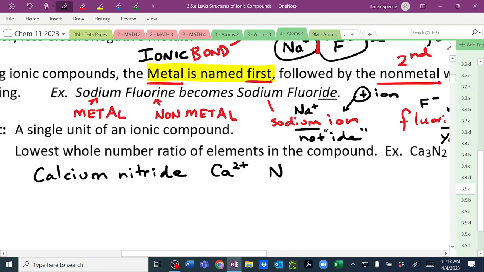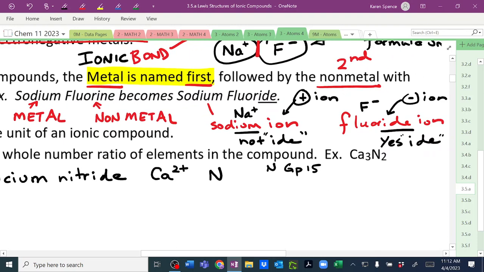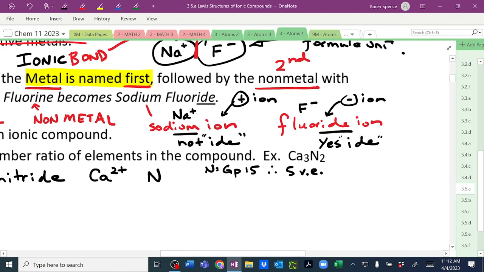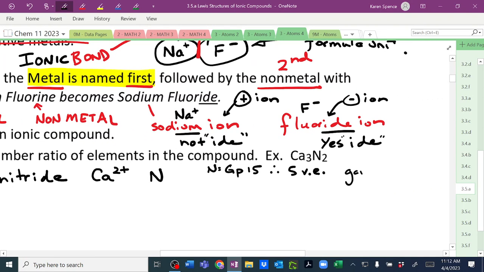Nitrogen is in group 15. So therefore, how many valence electrons? 5 valence electrons. So nitrogen, when it becomes an ion, will it lose or will it gain? It will gain how many electrons? 3 electrons.